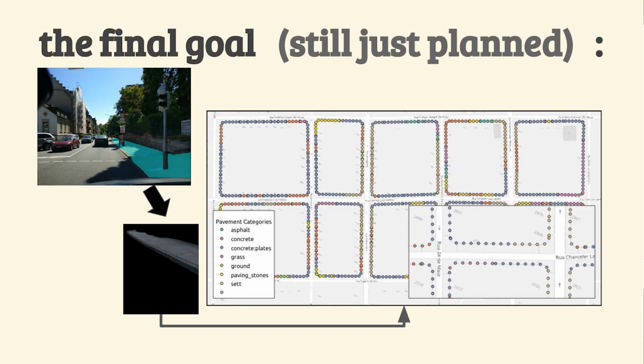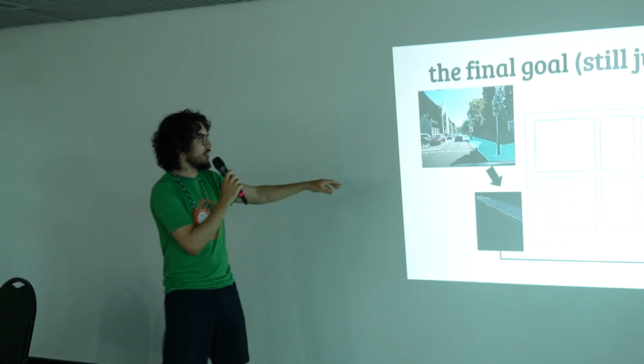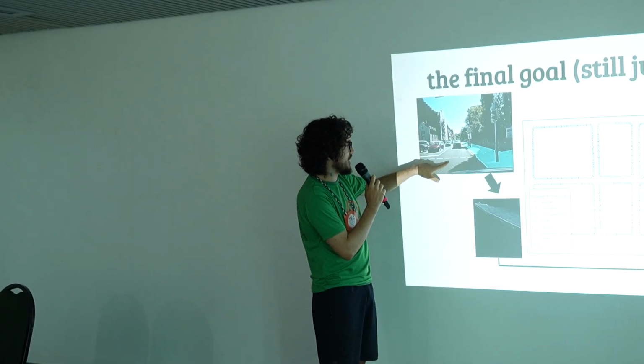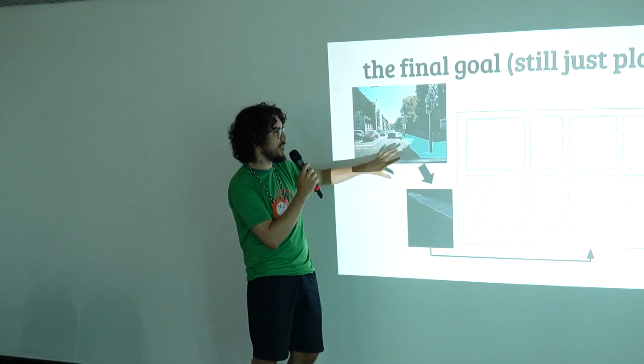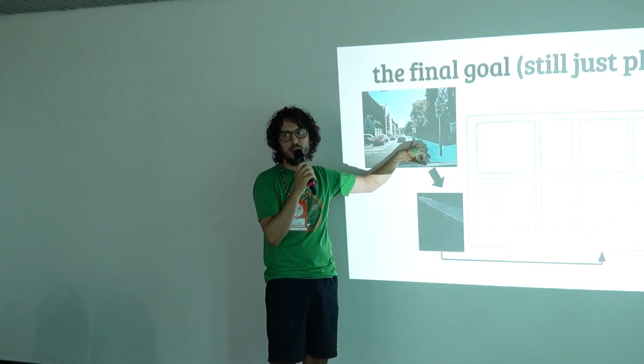So the final goal, that's still just planned by now. It's like this: you have the image and the detections of the sidewalk alongside the type of pavement, which becomes a data point. So each image can generate one or two data points.